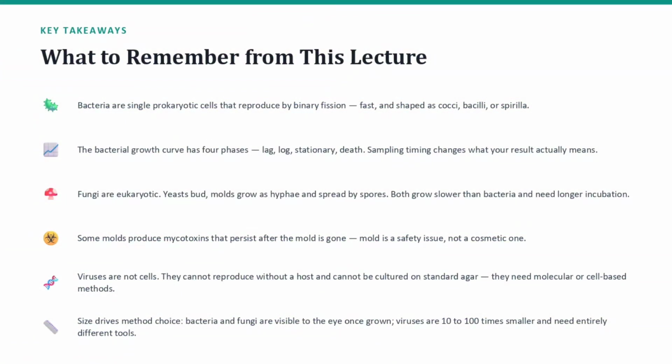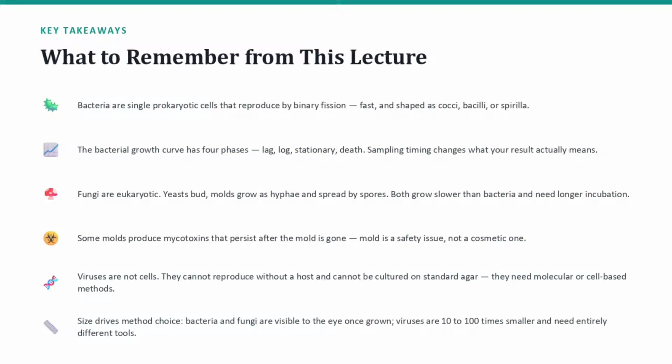Let's bring this lecture to a close with the key takeaways. Number 1. Bacteria are single prokaryotic cells that reproduce by binary fission, fast, and shaped as cocci, bacilli, or spirilla. Number 2. The bacterial growth curve has 4 phases: lag, log, stationary, death. Sampling timing changes what your result actually means.